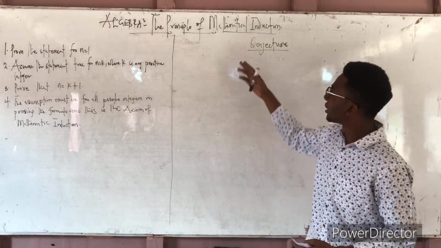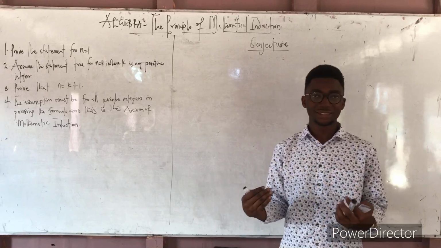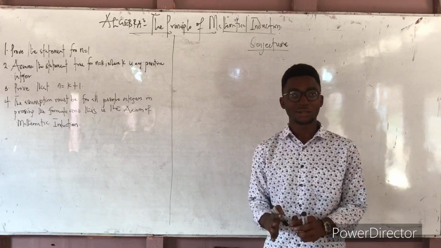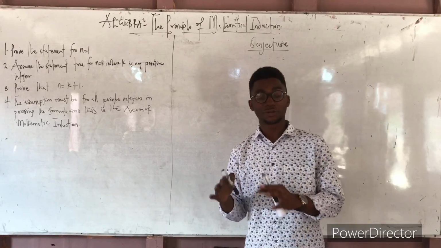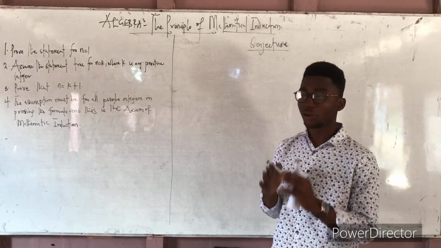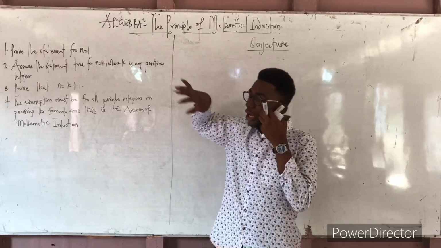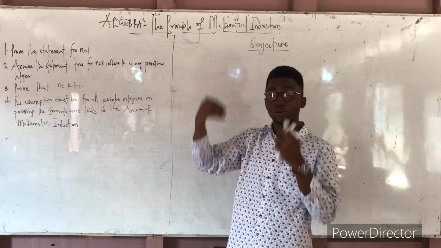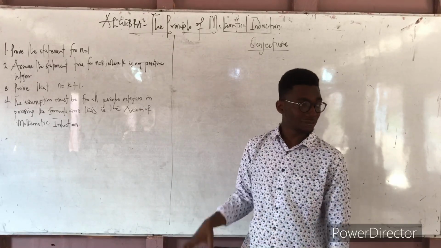With mathematical induction, you just want to prove that a relation which involves a formula makes the formula valid or not. And there are one or two procedures we are supposed to take note of to prove the validity of that particular formula in mathematical induction.